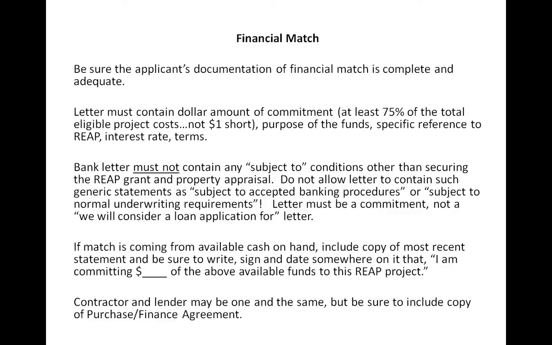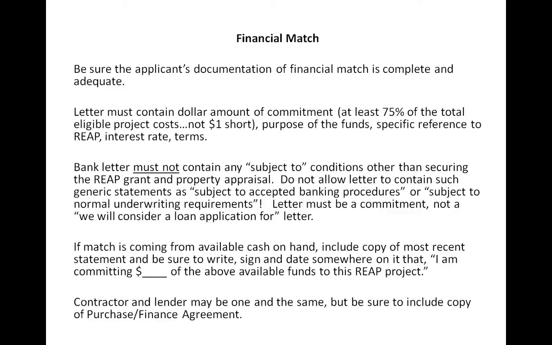The bank letter cannot and must not contain any subject-to conditions other than two things that are allowed by the guidelines. It can be subject to the applicant securing the REAP grant, or it can be subject to the property appraisal. But do not allow the letter from your lender to have generic statements like subject to accepted banking procedures or subject to normal underwriting requirements.